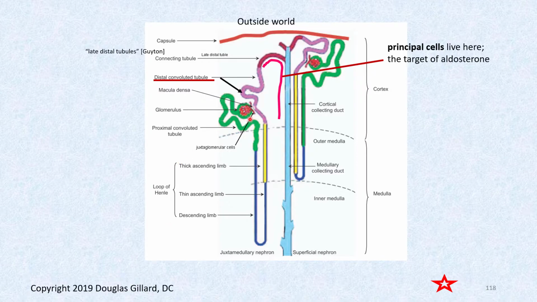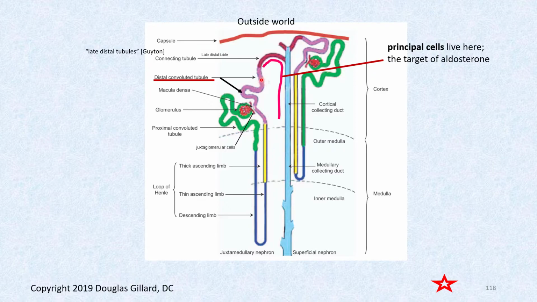Let's take a look. Remember our nephron. There's our loop of Henle. You can always tell the nephron by looking at that. You've studied this extensively. Bowman's capsule here. We've talked about the macula densa and the juxtaglomerular cells. And here's the proximal portion of the proximal convoluted tubule, loop of Henle.